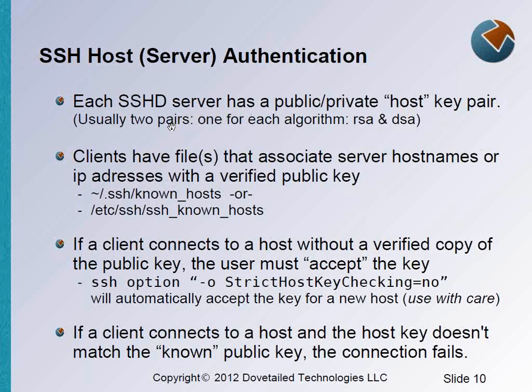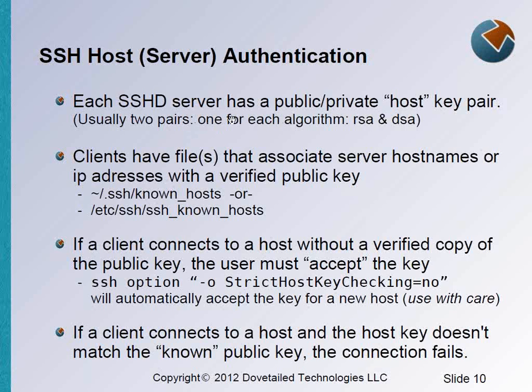Now, in fact, you'll see that when you set one of these up, usually the server has two key pairs, one for RSA and one for DSA, because maybe a client wants to connect that only supports RSA or only supports DSA, but the architecture basically says you can have as many of these as you want. In fact, you can have more than one RSA if you want, and the client can pick which one he wants to use as part of the handshaking.